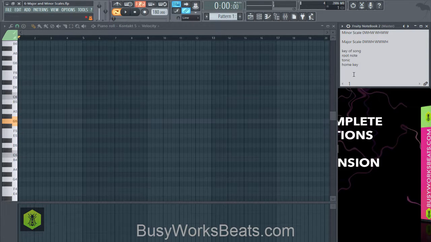You go up 2 keys. That's a whole step. Now a half step is when you go up 1 key. So you go from F up 1, and that's a half step. A whole step is when you go up 2 keys from F, 1, 2.